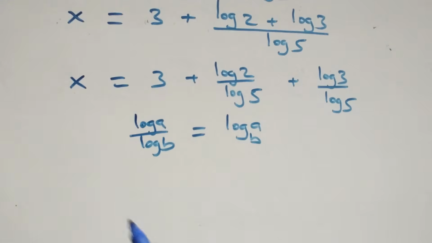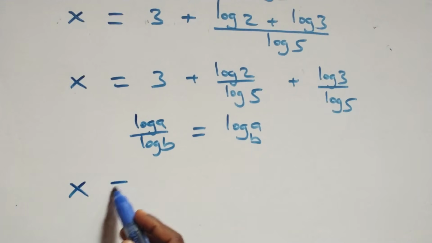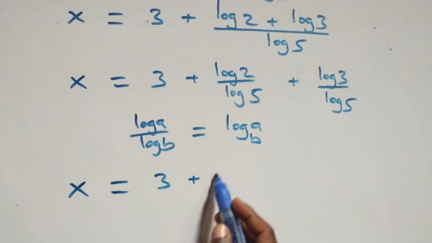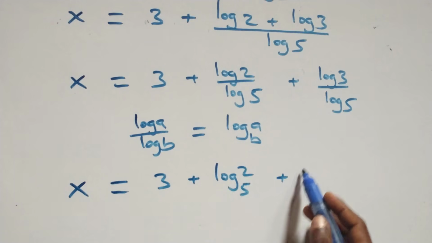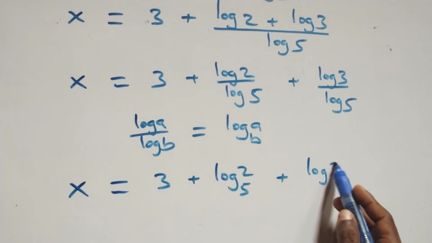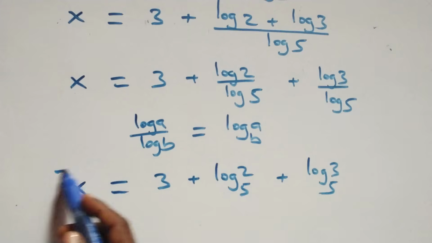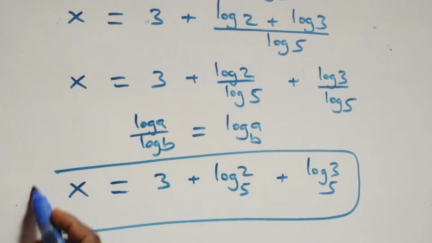Here we have x equals 3 plus log 2 base 5 plus log 3 base 5. Here we have the value of x.